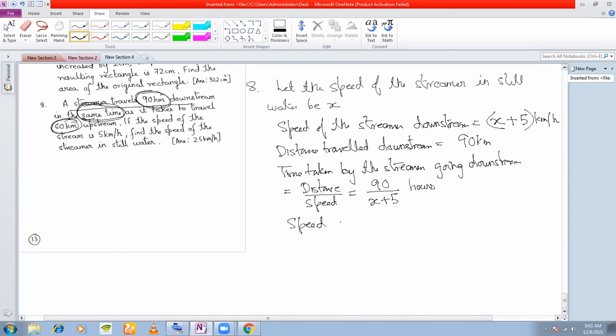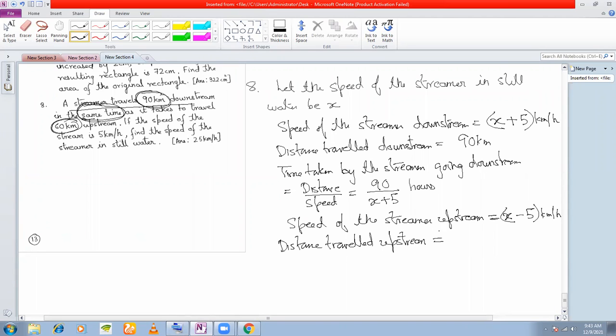So the speed of the streamer upstream is equal to, now upstream the speed will reduce by 5 kilometers per hour, right? So distance traveled upstream is 60 kilometers.